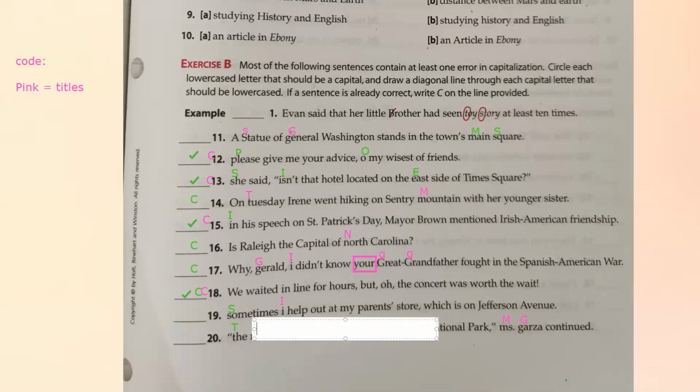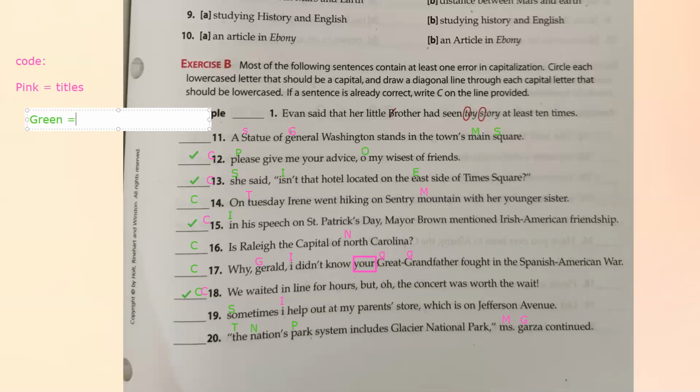Sorry, this N should also be capitalized because it is referring to a formal thing. And park should also, because it's the park, okay? Also a formal sort of setting. And that's it. So let me just add in here the green equals what? General capitalization.